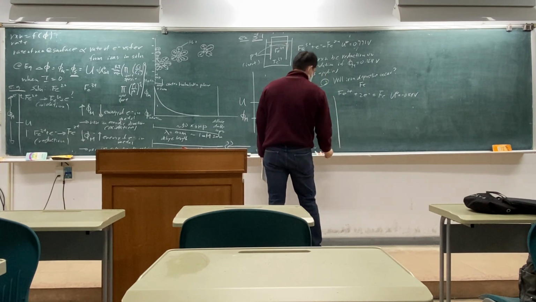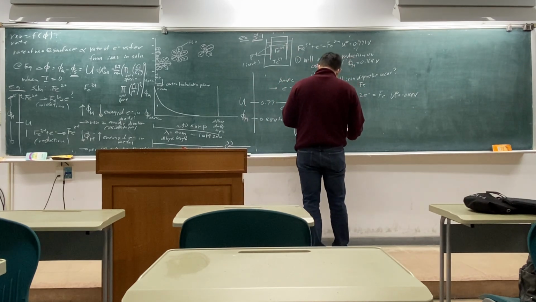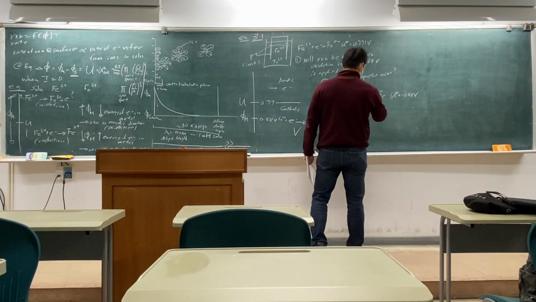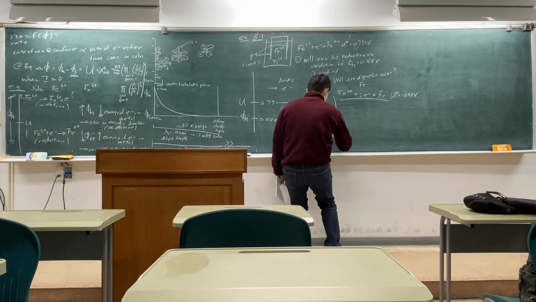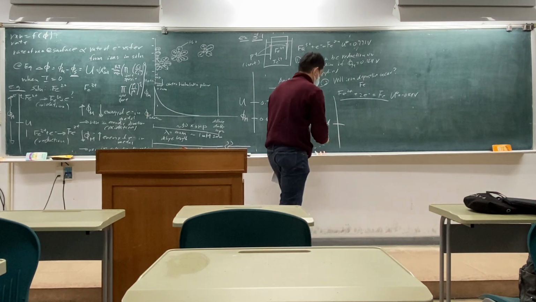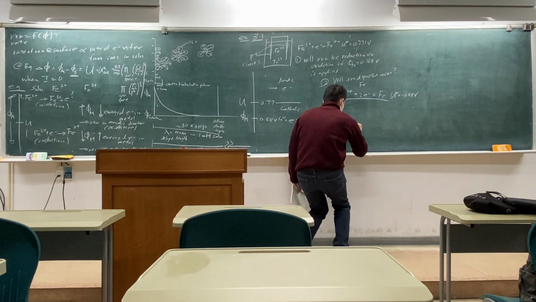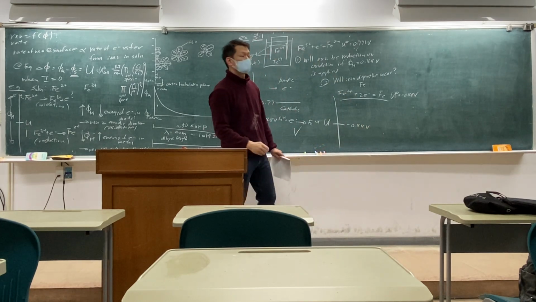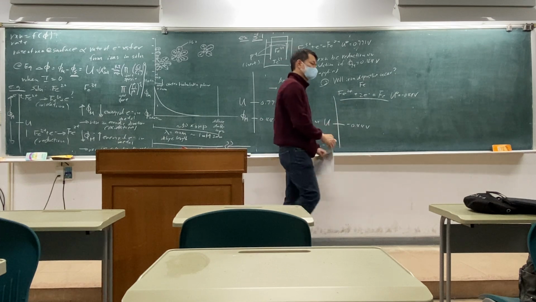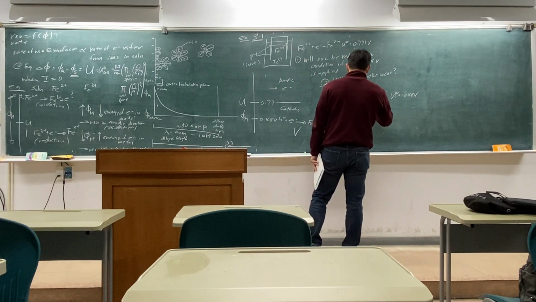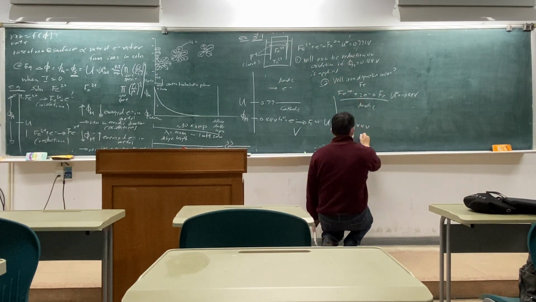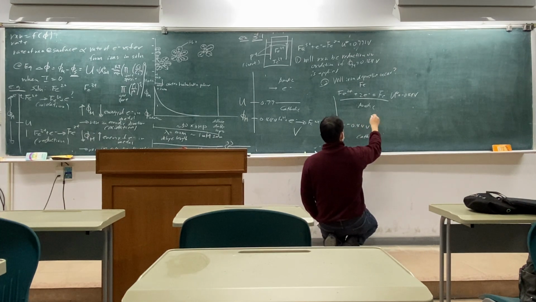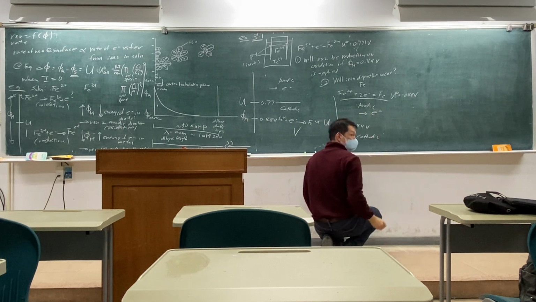So you draw this again. This reaction has its equilibrium at minus 0.44 volts. Anything above this is in the anodic direction, and anything below this is in the cathodic direction. Anodic direction means the electrons are on the right.